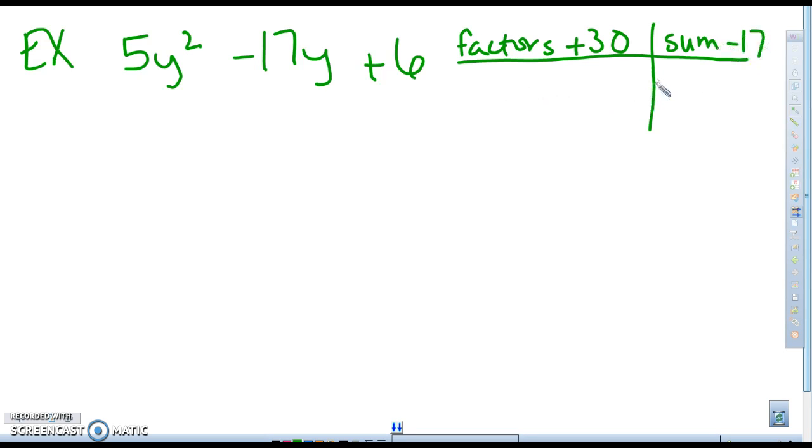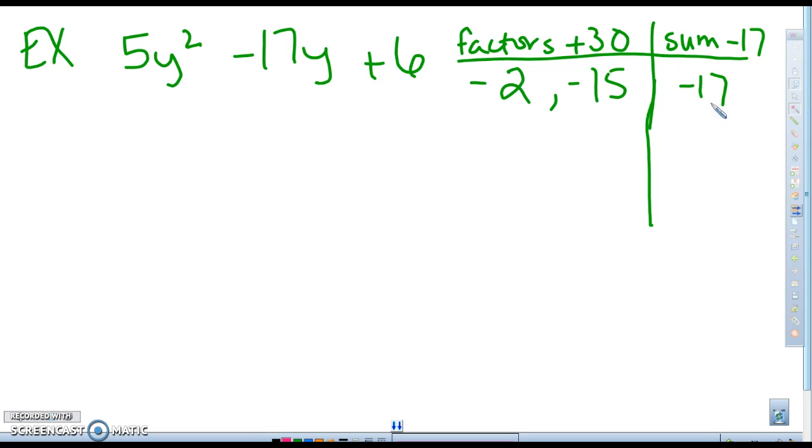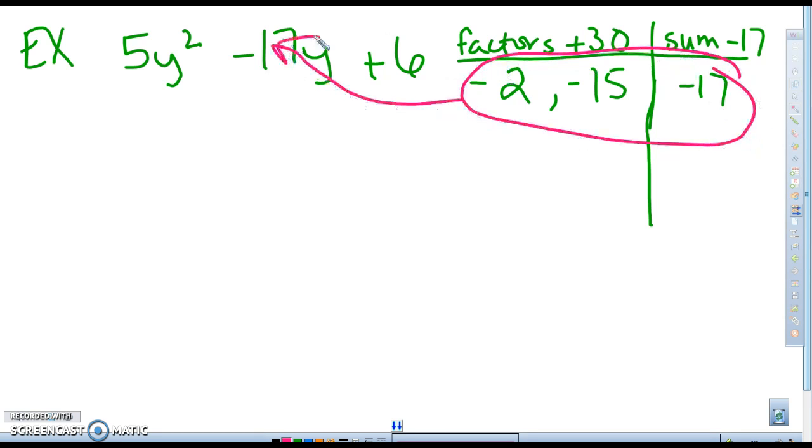So I'm looking for factors of positive 30 that give me a negative 17. That means both of them are going to be negative. When I do this, I know that negative 2 and negative 15 will work. And I'm going to use those to replace this 17y.